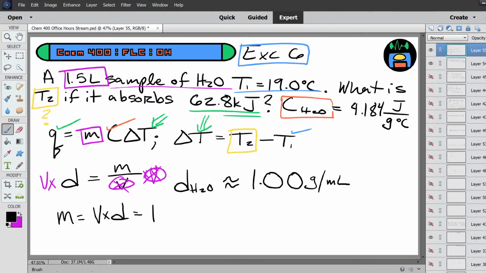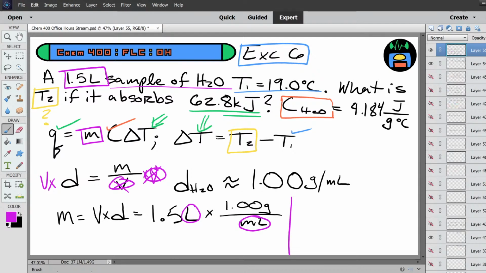Our volume is 1.5 liters. Our density is 1.00 grams per milliliter. Now, we actually have a problem here because liters and milliliters need to be the same unit.